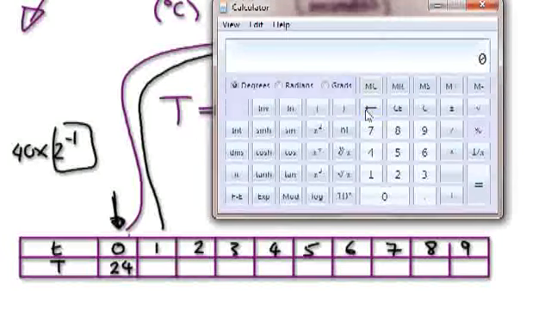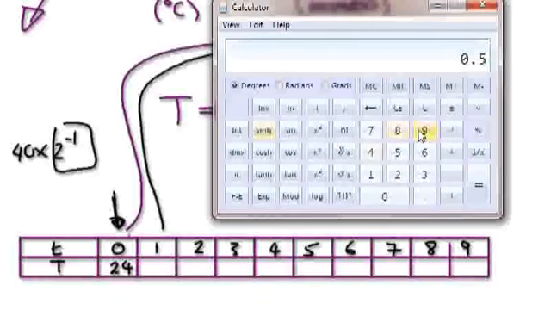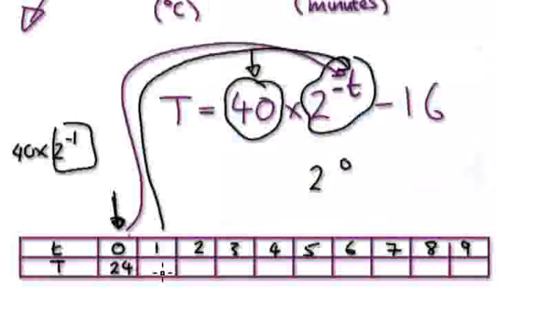So 2 to the power of minus 1 equals that. Remember, 2 to the power of minus 1 is really 1 over 2. Well, anyway, just do whatever you have to do to work it out. So now it's times 40 equals this, and then we've got to take away 16. Take away 16 equals this, equals 4 degrees.